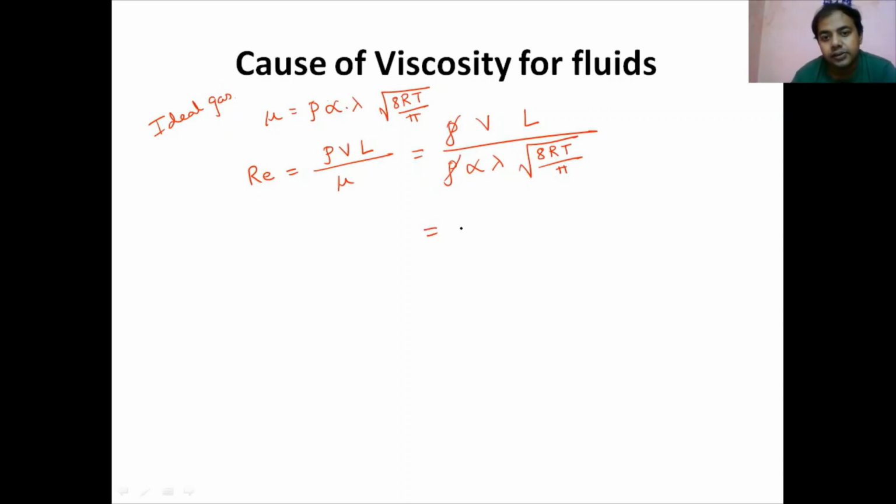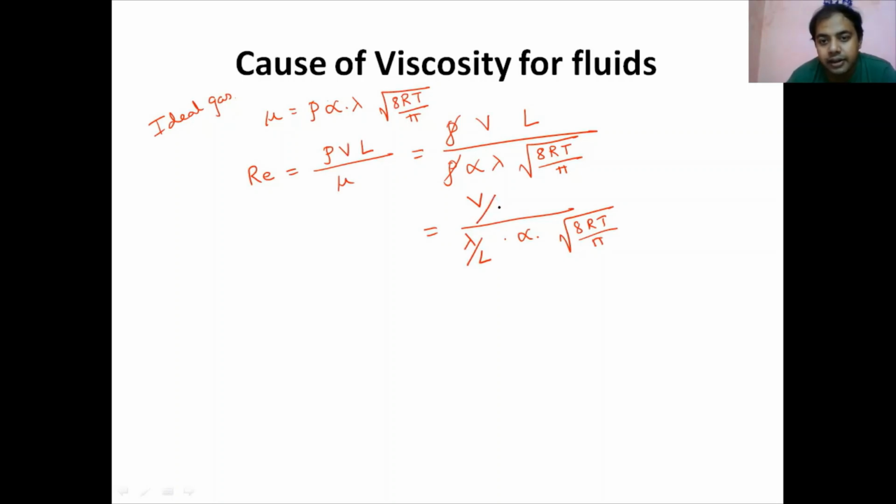You write the V, and below you segregate this term: mean free path by L, into alpha, into root 8RT by pi.